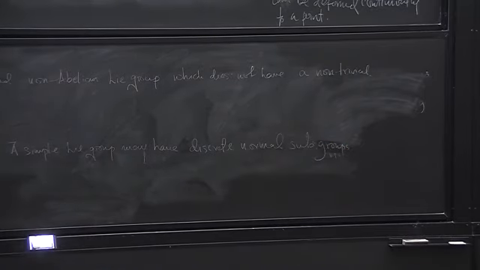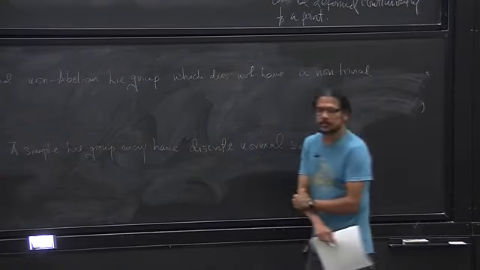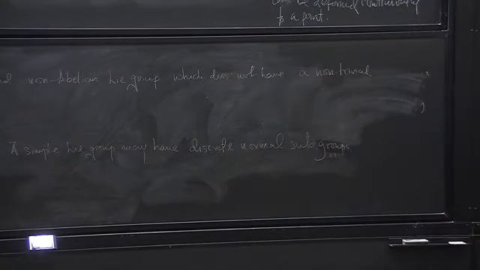So that's why we defined a simple group before for the discrete case, but that's why we have to define the simple Lie group separately, because you can have a normal subgroup of a simple Lie group as long as it's a discrete normal subgroup. So for example, we saw that you can have these cyclic groups.